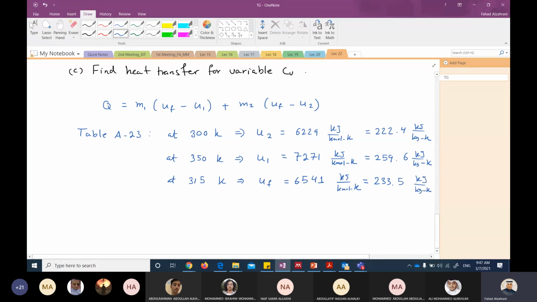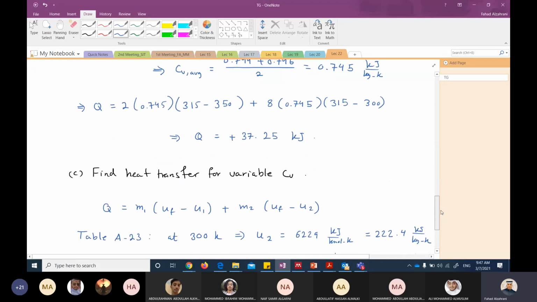That's it. Now I have everything in terms of mass basis.